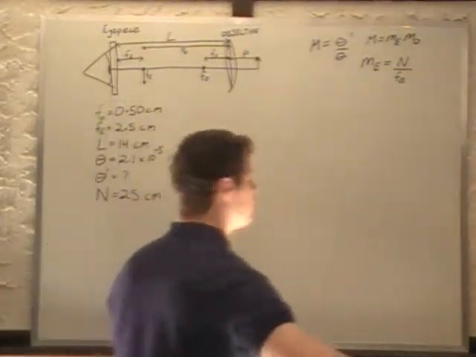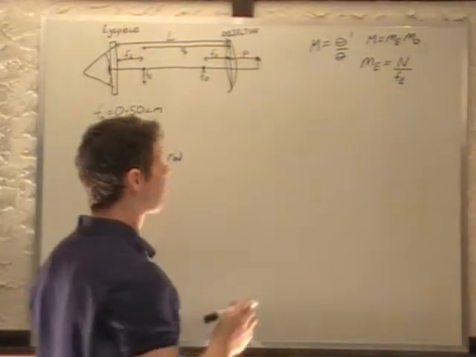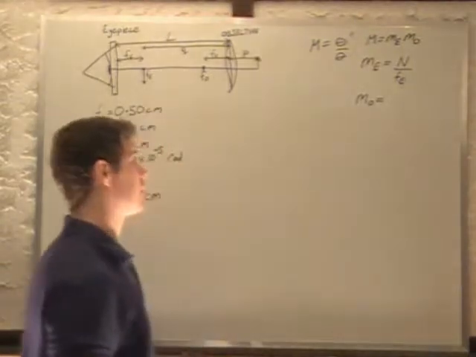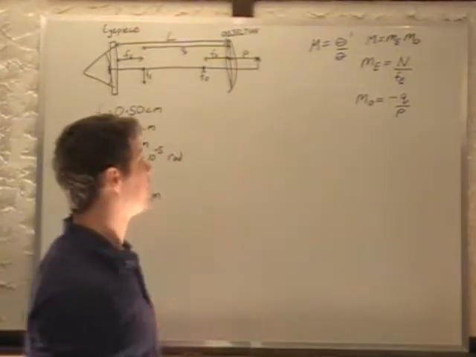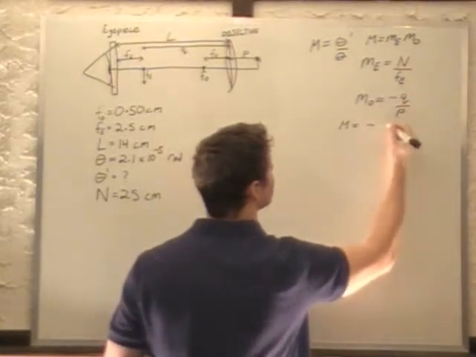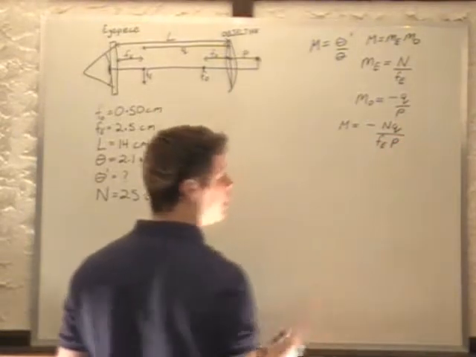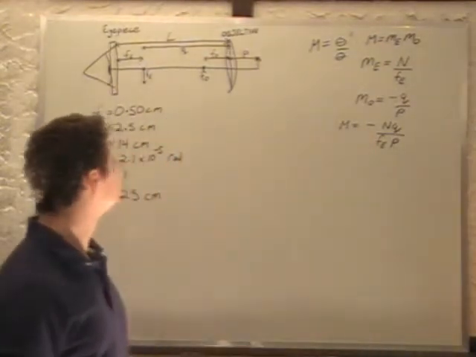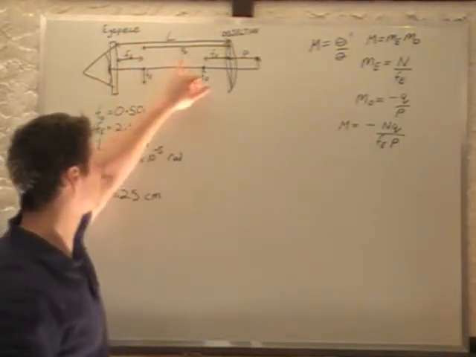Let me write that as F_E. Now the magnification of the objective is the same as it always is, minus Q over P. So our total magnification becomes this times this: minus N Q over F_E times P. Now, we know N. We can figure out Q because we know this distance L and F_E.